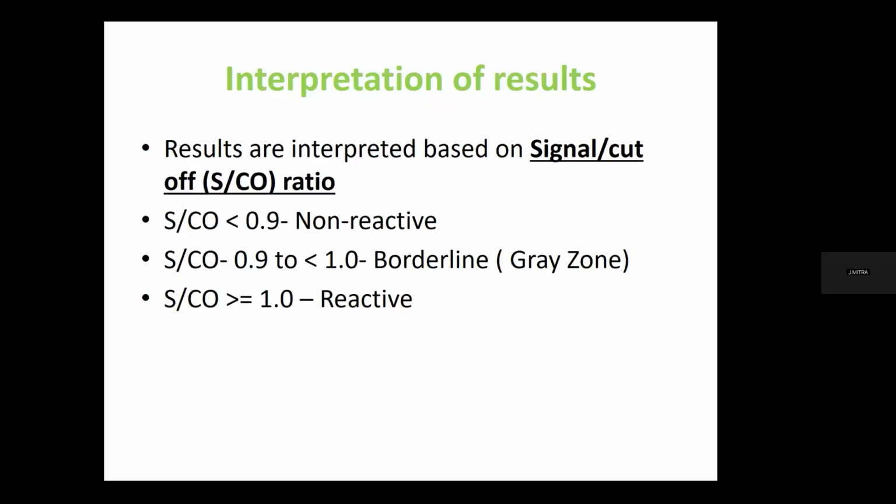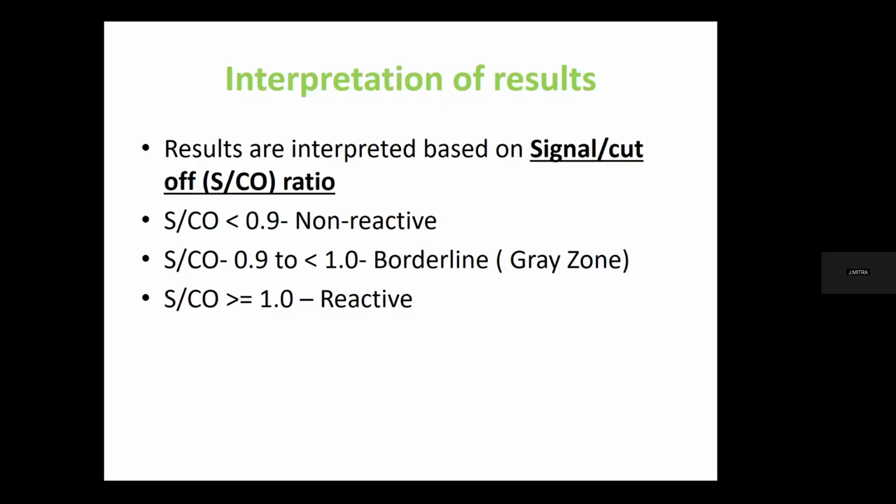The results are interpreted as signal to cutoff ratio. If the signal to cutoff ratio is less than 0.9, we call the reaction non-reactive. If the signal to cutoff ratio is 0.9 to less than 1, we call it a borderline or gray zone sample. And if the value is more than 1, we call it a reactive sample.